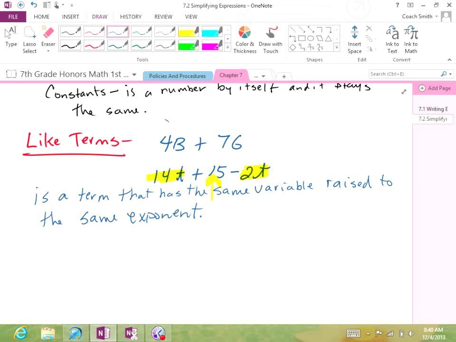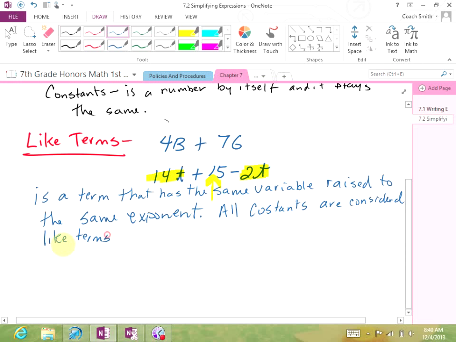The second thing is all constants are considered like terms, because we can put constants together. I can put 4 plus 5 together. If we didn't do that, then our whole math would change. You just basically wasted 6 years of math if that wasn't to hold true even now.